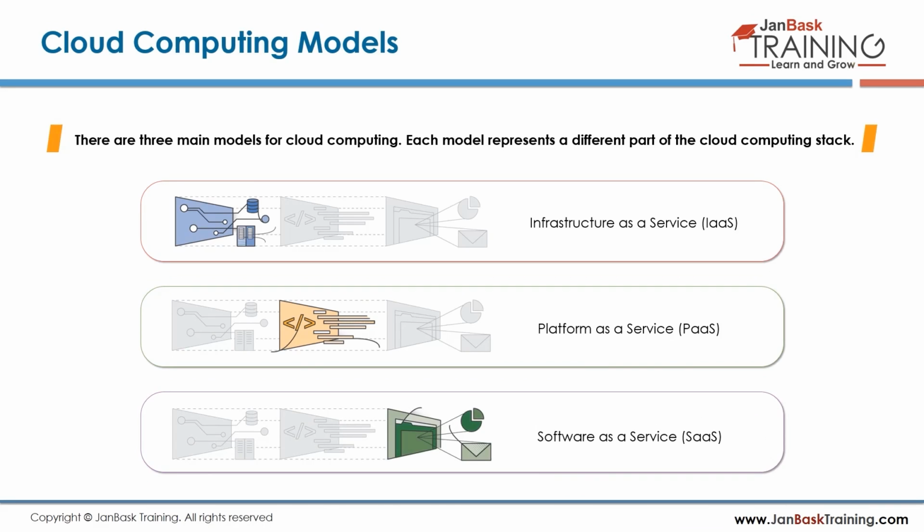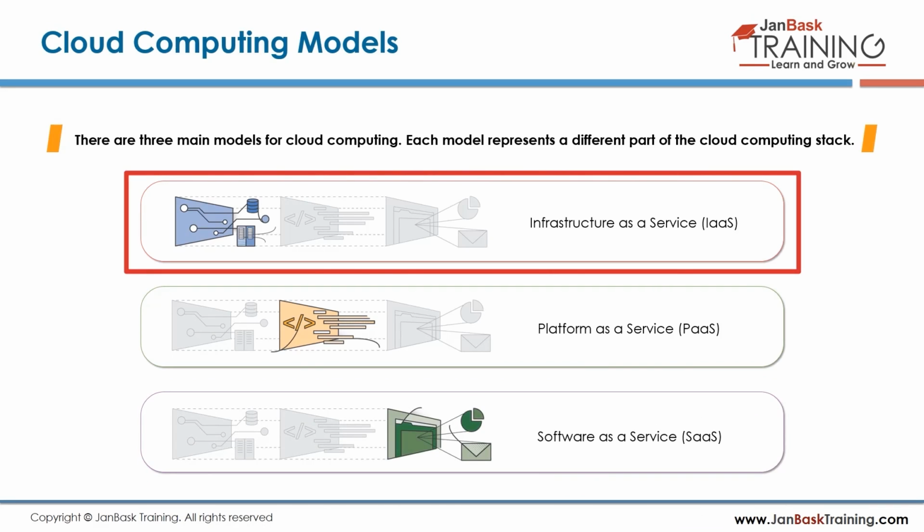Now, to get a layman's view of what these are, IaaS is like having your own server. Say you go to a store and buy a computer. IaaS is like that, except you don't have physical access to that computer, you have virtual access to it. You get the storage, the capacity, the compute and everything.